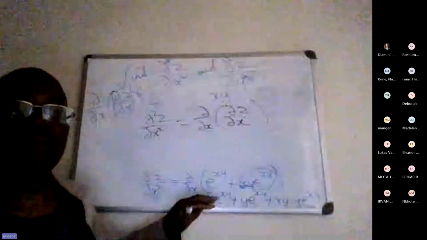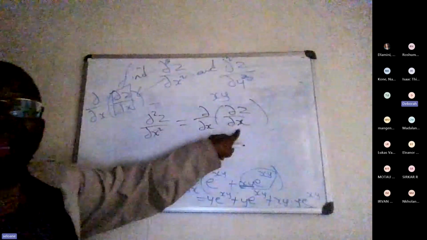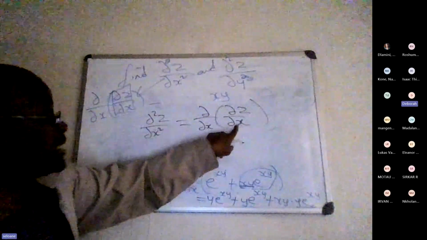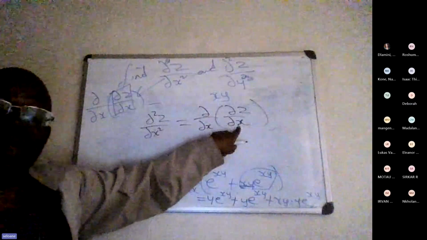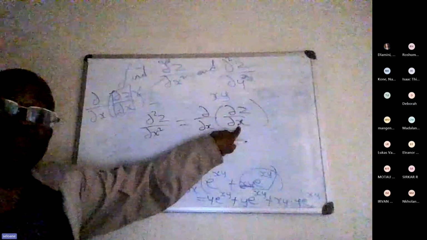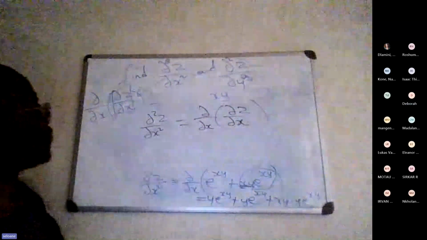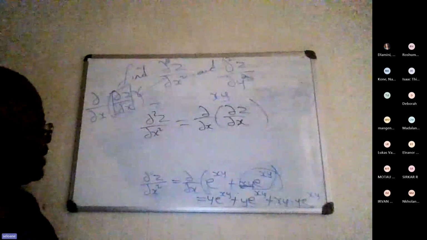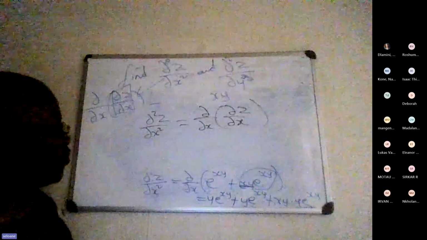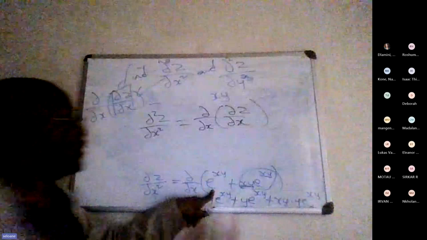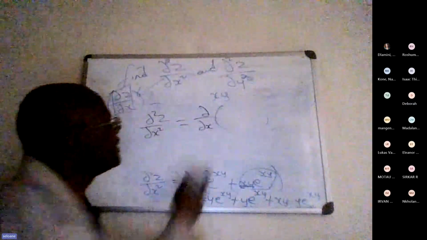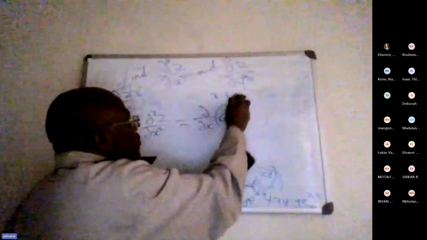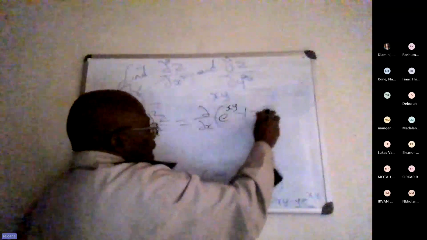If yes, we're simply going to plug in the partial derivative of z with respect to x. We have said the partial of this is this one. So let us plug it in here. It is e exponent xy plus xy e exponent xy.